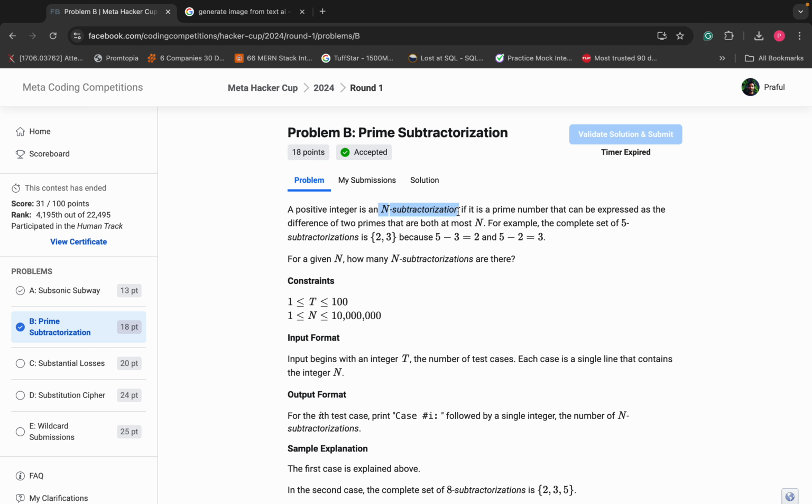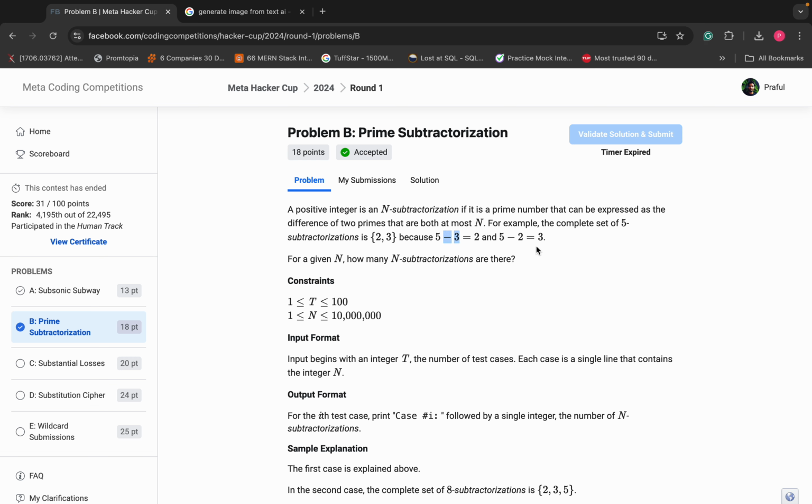An n subtraction is a prime number which can be written as the difference between two prime numbers. For example, if n is up to 5, 3 can be written as the difference of 5 and 2. 2 is also prime, 5 is also prime. So if n is greater than or equal to 5, then we can take 3 into account.